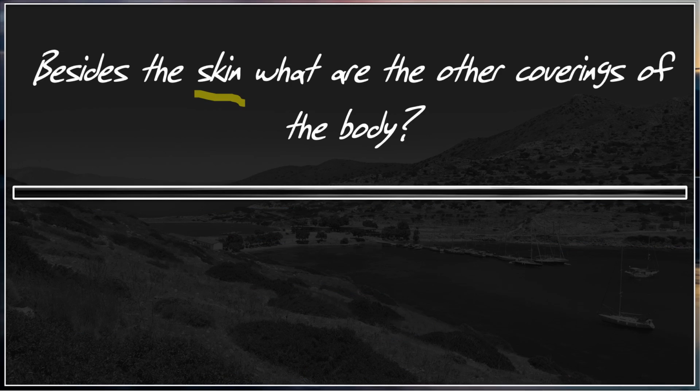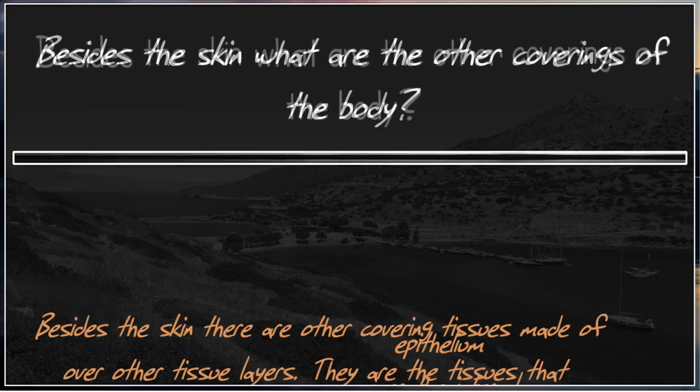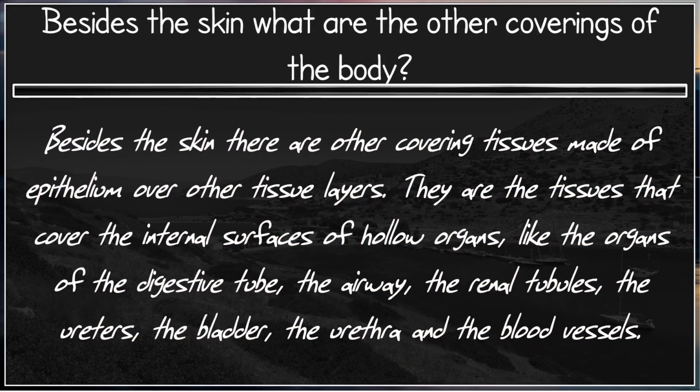Besides the skin, what are the other coverings of the body? Besides the skin, other covering tissues are made of epithelia over other tissue layers.